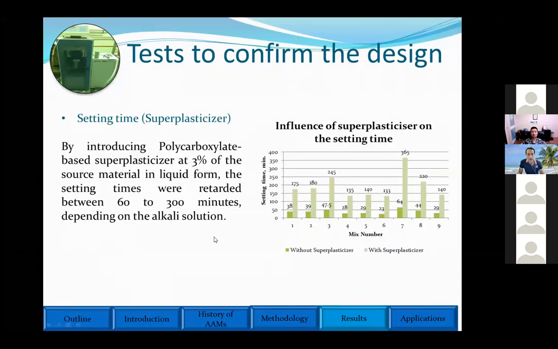The setting time is a challenge when you use alkali activated materials, because the activation is very fast. If you don't use any admixture to control the setting time, it sets very fast. I can say 10 minutes.